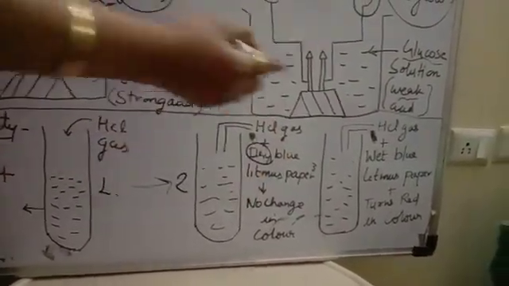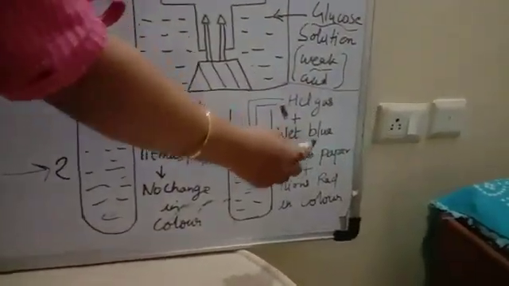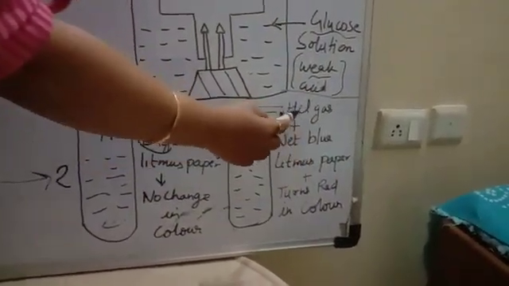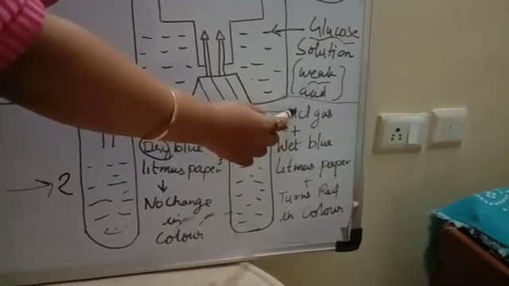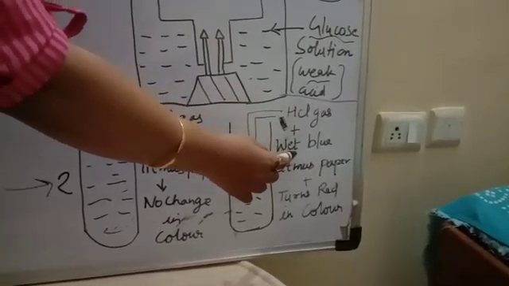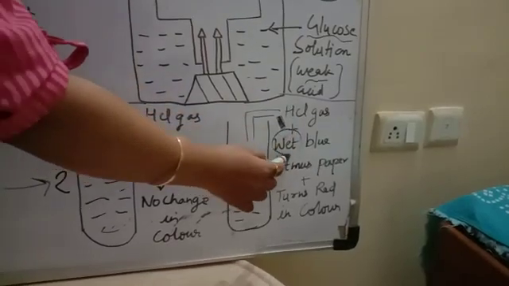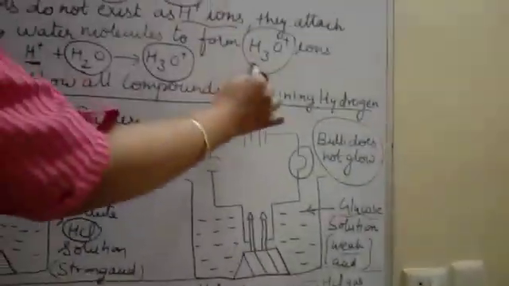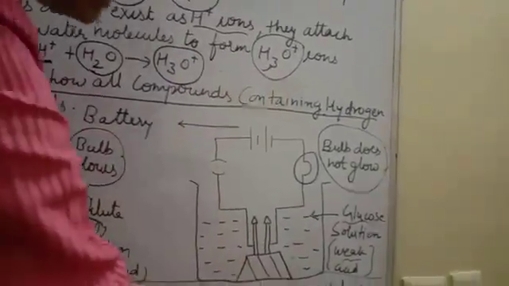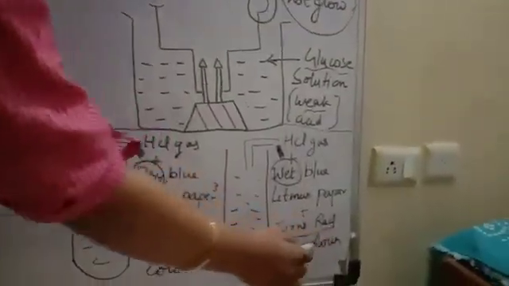But when we put a wet blue litmus paper on this HCl gas, HCl when dissociated into H plus ion gets attached to the water molecules of the wet blue litmus paper and forms this type of hydronium ion and turns red in color.